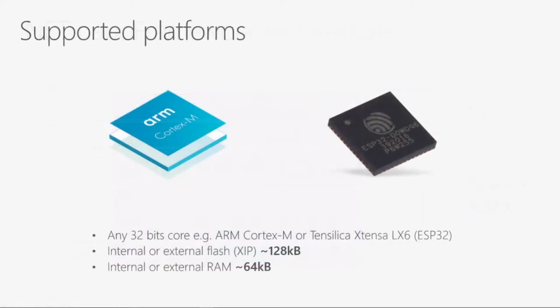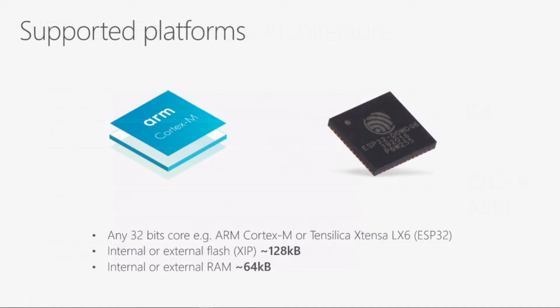Right now on the supported platforms, like I've said before, this is capable of running on any 32-bit core or better, like most of the ARM Cortex-Ms, or even the Tensilica Xtensa, which is better known as the ESP32.